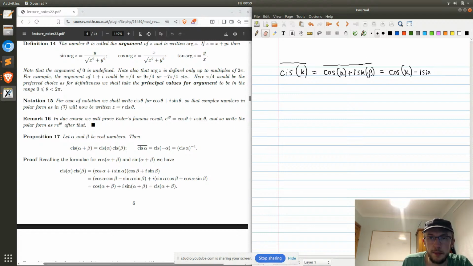And again, I'm not paying attention, I'm going on autopilot. There. Cos alpha plus i sine alpha. Okay. And then this is cos alpha minus i sine alpha.